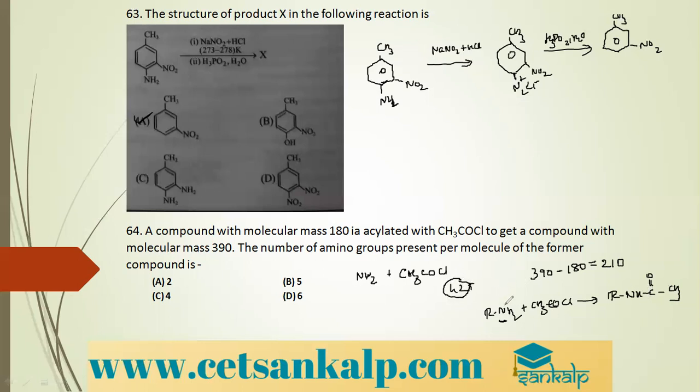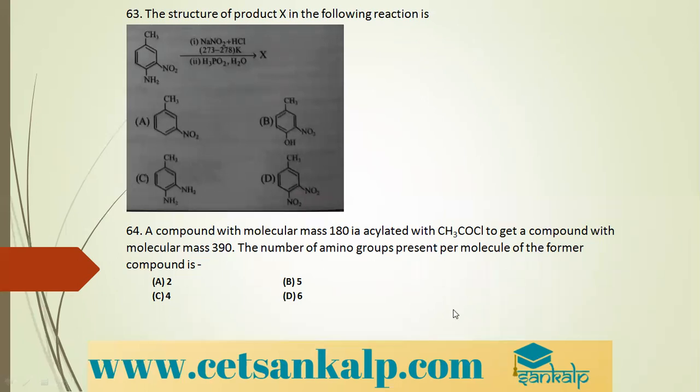It increased by 42 units. So here it is 210. How many times? It is 5 times. So number of amino groups will be 5, because HCl is coming out here. So check out here. It is 210, 390 minus 180. So 210 means how many amino groups can fit into it? So it is option 5. Yes, option 5 is the correct option.